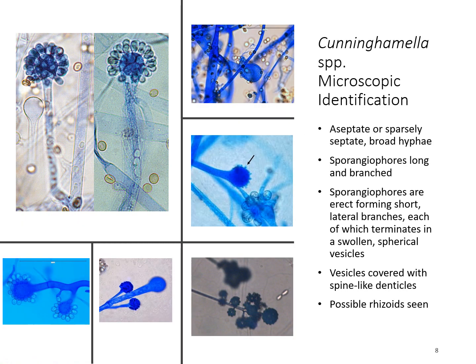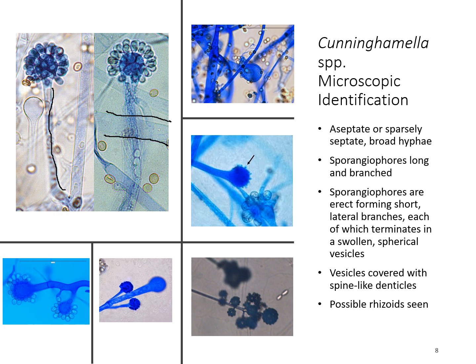So let's look at the microscopic identification of the Cunninghamella species. The hyphae themselves are very broad, so you can see where they're real wide based on this picture here, and you can see that ribbon-like structure. These sporangiophores are long and branched, so you can see how long this one is as it comes up.